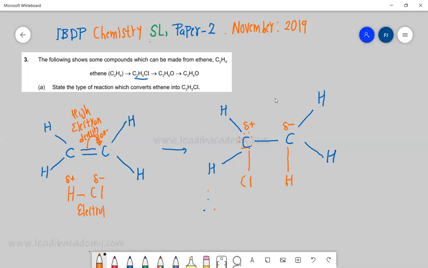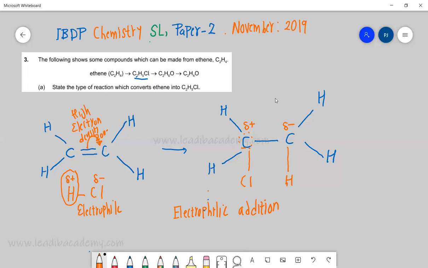Why electrophile? Because there is a deficiency in electrons on this H plus. So it is basically going to get added, and that's why this is called electrophilic addition.